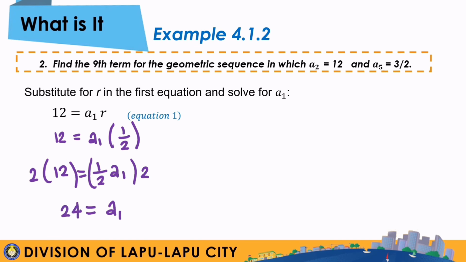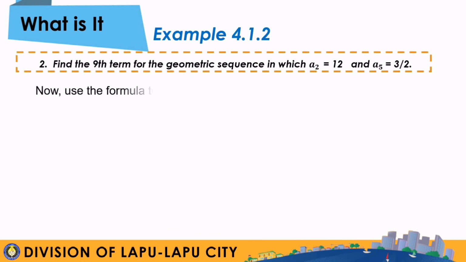So therefore, our first term is 24. I think on this part, we can now solve for the ninth term, of course, using the formula. So let's identify the parts. Now, the given is for our n, since we are going to solve for the ninth term, so n is 9. Our first term was 24, and our common ratio is 1/2.